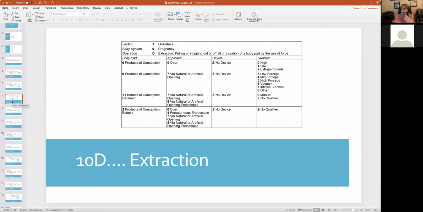So then we're on our first row, 10D as in dog, extraction, products of conception, open, because you are cutting open. Okay, no device, but you must look at the documentation to identify where the incision was done. For example, what is known as a bikini C-section is most often considered a low cut. That would be a 7th character of 1.